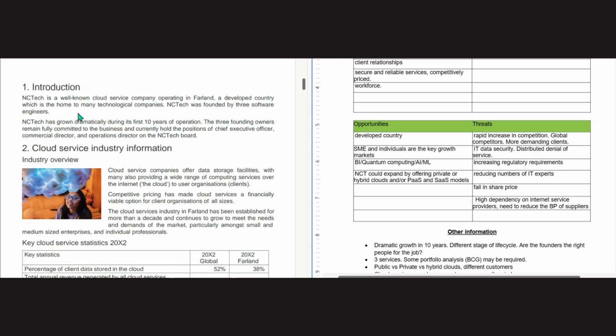It was founded by 3 software engineers. Now, that's interesting, and we'll see why in just a second. It has grown dramatically during its first 10 years of operation. So it's actually great that it has grown rapidly. The only thing is that all 3 of the owners are software engineers, and so basically this organization has gone along its life cycle.